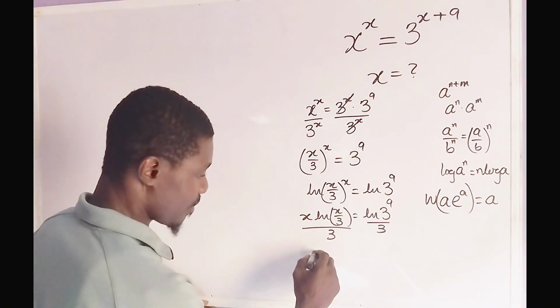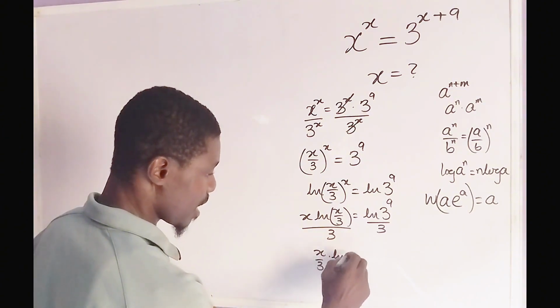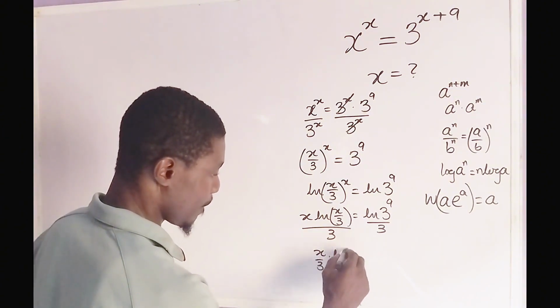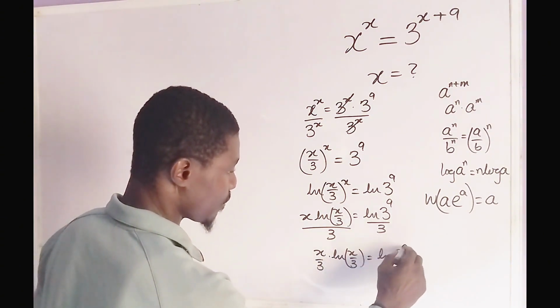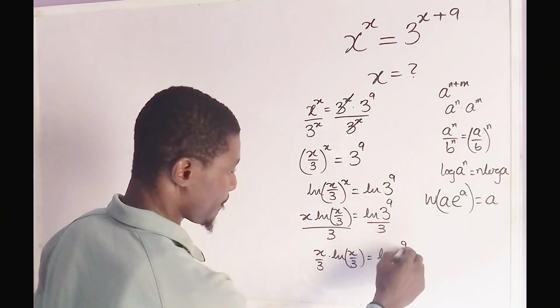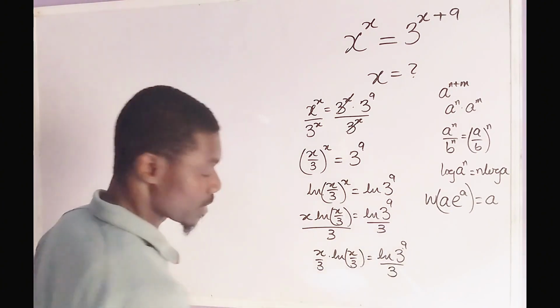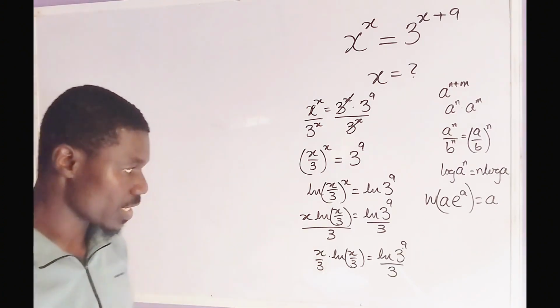Now by dividing both sides by 3, here we can now have x all over 3 times ln x all over 3 then equals ln 3 raised to the power of 9 all over 3. Okay, now take note, some of you might be asking questions here. Look at this.